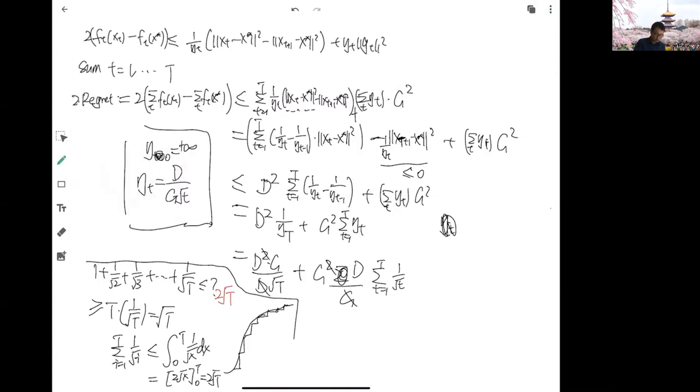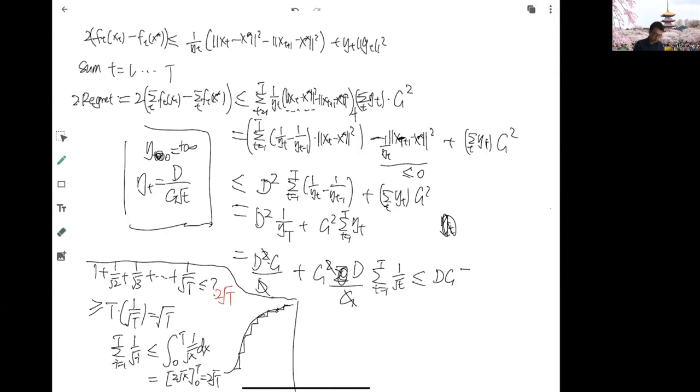Okay, so now that we have this calculation, we can upper bound this with dg. Sorry, there was a small typo that nobody has caught.